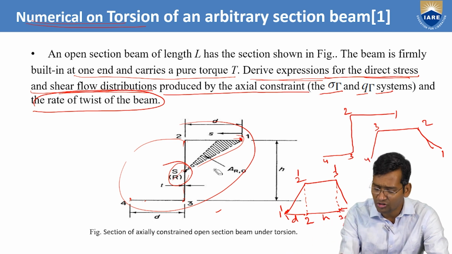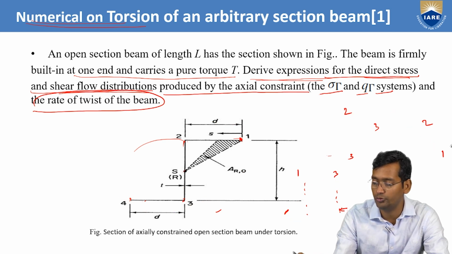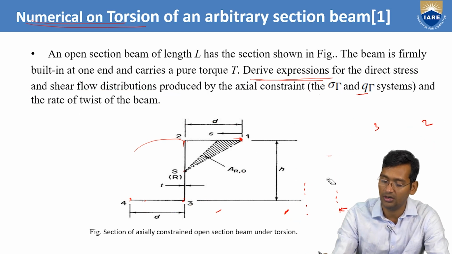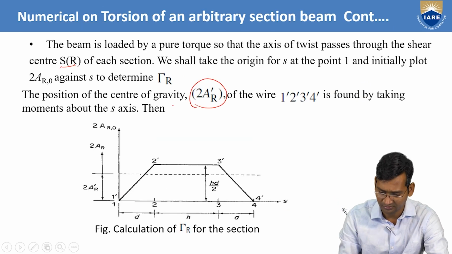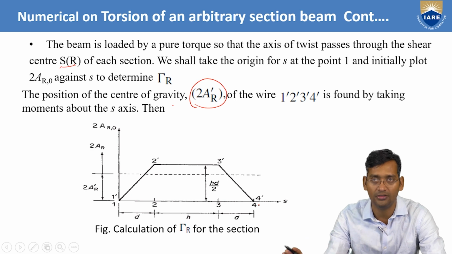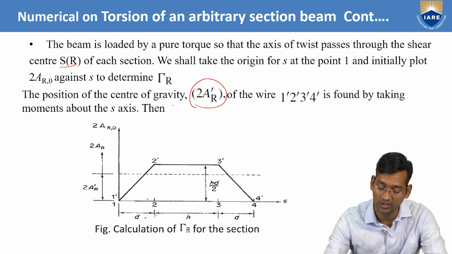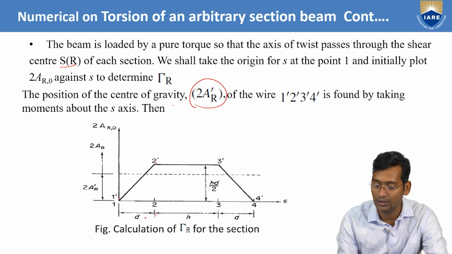Okay, so now we are just changing this figure to this figure. I'll show you in the next slide how that is there. Just see here, 1 to 2, 2 to 3, 3 to 4. That is, 1 to 2 D is given, 2 to 3 H is given. Now their projection is 1 dash to 2 dash. Let's see, 1 and 1 dash are coincided. 2 dash to 3 dash is not equal to 2, 3.